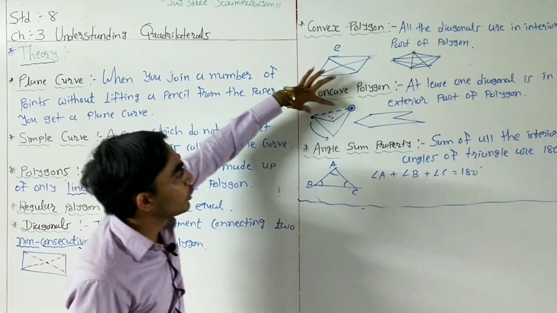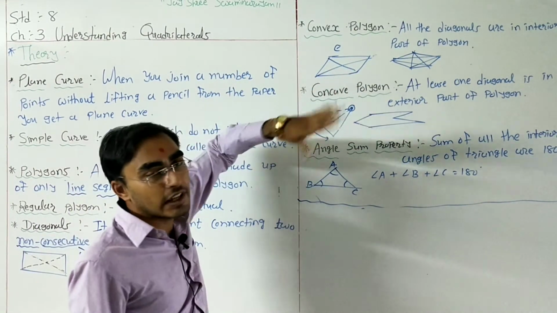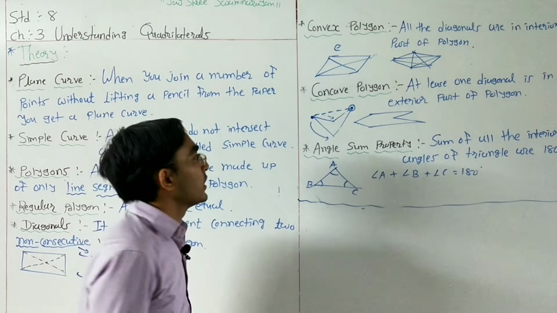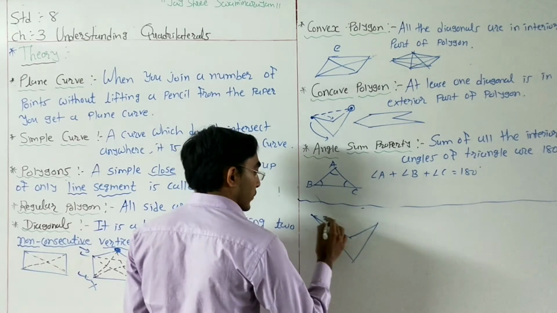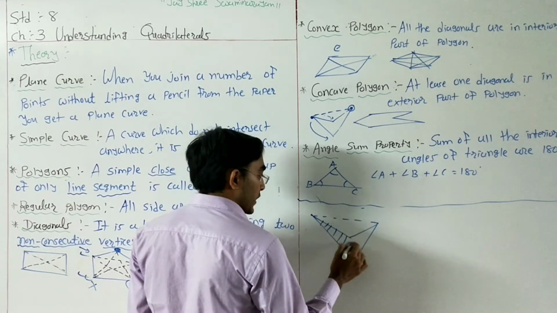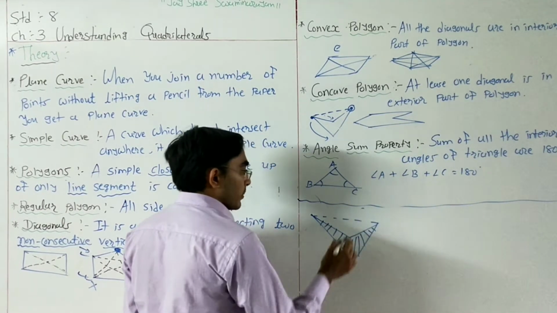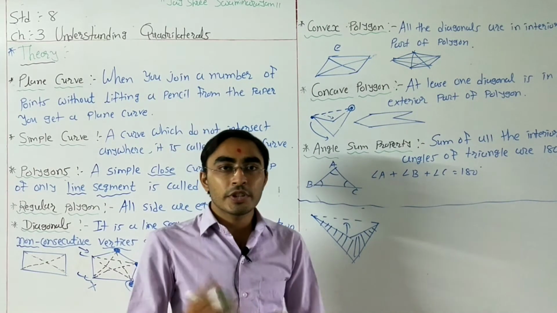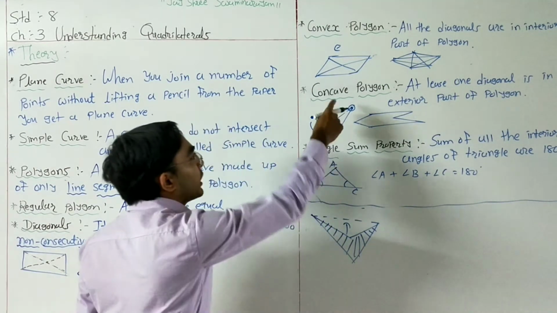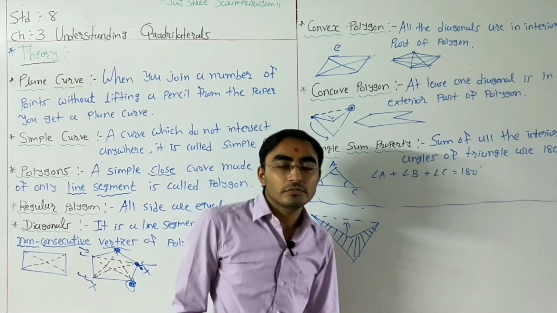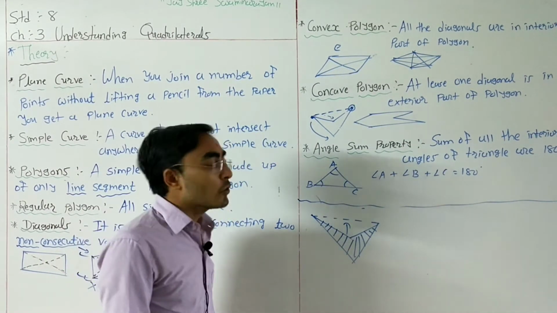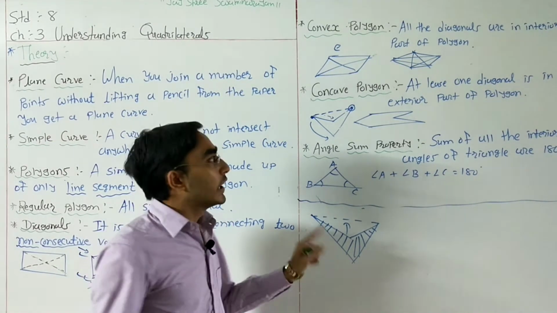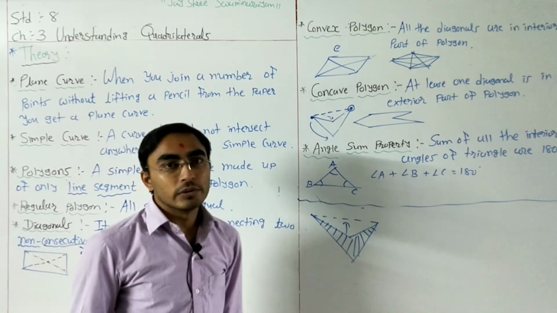But if we look at this diagonal, it is in the exterior part of the polygon. This is the interior part, but this diagonal is in the exterior part of polygon. That's why it is called concave polygon.